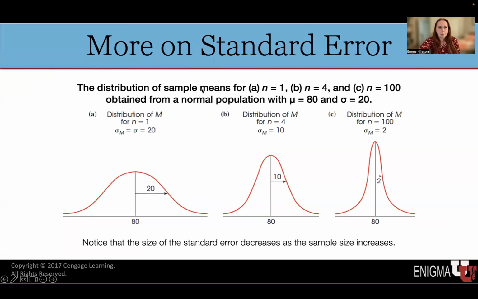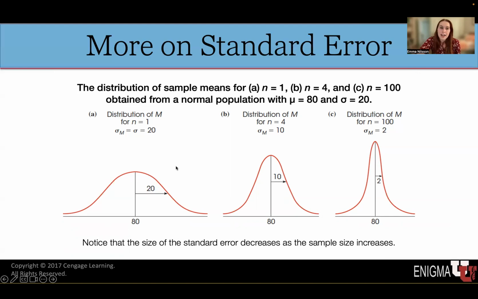Here is an example before we leave the topic of standard error. Here's just a diagram that shows us the effect that sample size has on the standard error. So here are 3 different distributions with different n values, with different sample sizes.